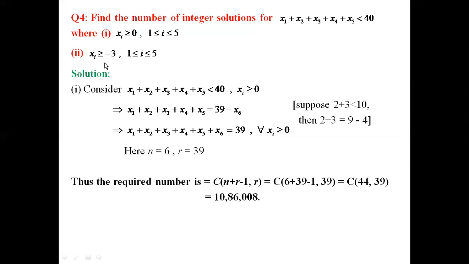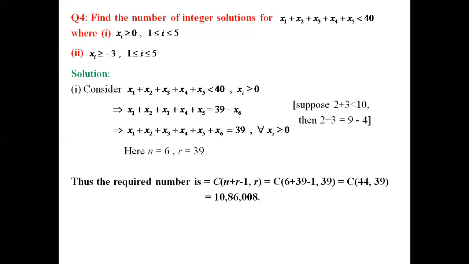Now we are still left with the second case to do. For the same inequality, that is x1 plus x2, x3, etc. up to x5 is less than 40, we have to consider the condition xi greater than or equal to minus 3. So we will take the expression in terms of y's like we did in the previous problem.